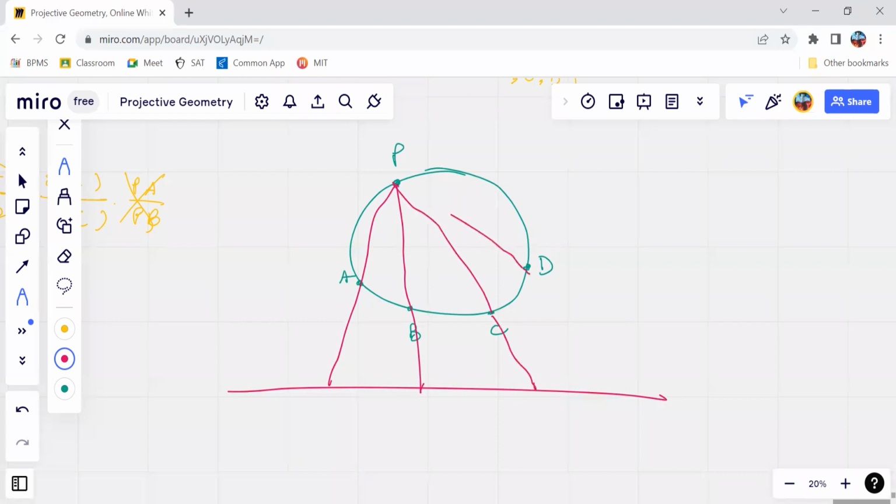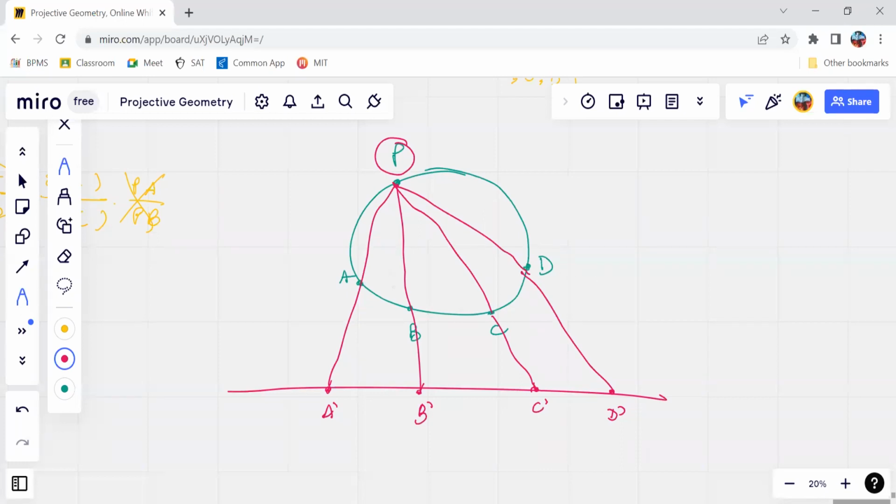This is important. It's quite easy to forget when you're just projecting stuff. But do remember that if you're projecting through a circle and line, the point through which you're projecting has to be on the circle or conic, whatever. A dash, B dash, C dash, and D dash. So the cross ratio is defined the same way on the circle too.